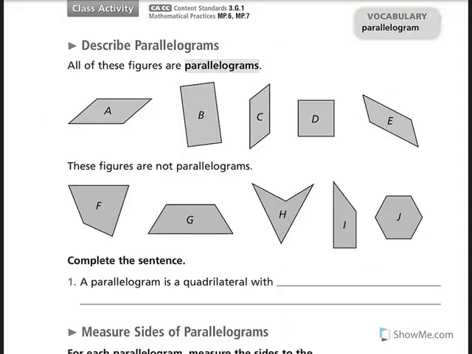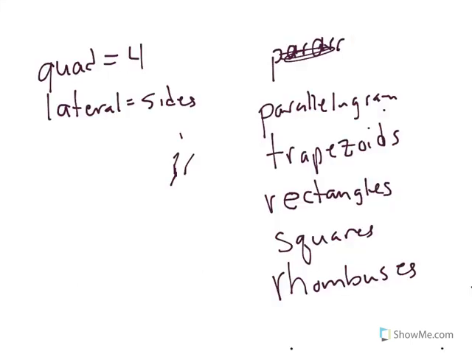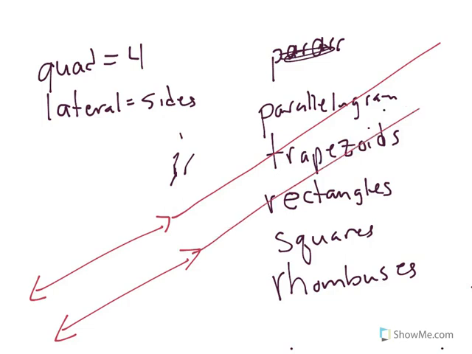A parallelogram. Earlier we talked about what lines are in math, and lines, remember, will continue forever in a direction. Now when you have two lines that could continue in a direction forever, like forever, and I really mean forever, and they would never touch each other, they are called parallel.